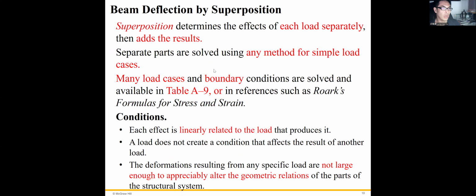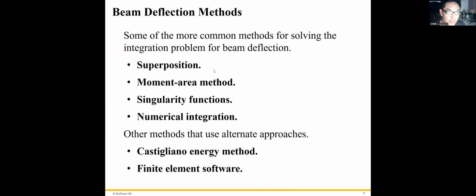Okay, so how to evaluate the beam deflection? Previously we already introduced the singularity function, and we also played around with the FEA software, so you must roughly realize how to use the software simulating the deflection or the force or the stress distribution.